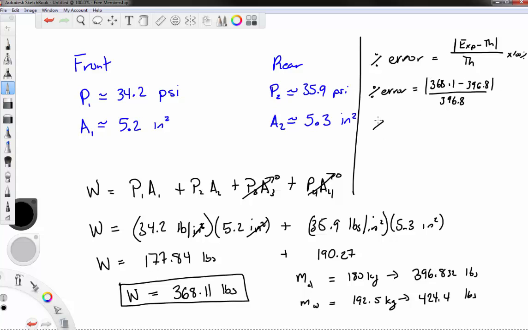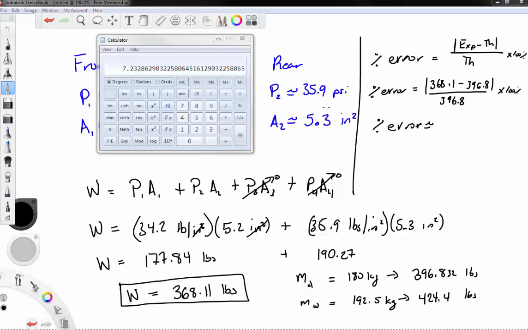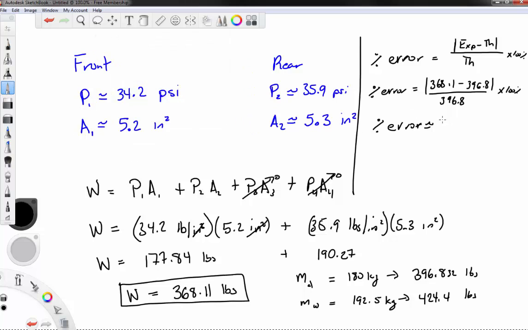What you end up with is that the percent error for this experiment was approximately 7.3%. So 7.3% is my percent error for this experiment. That's pretty good.